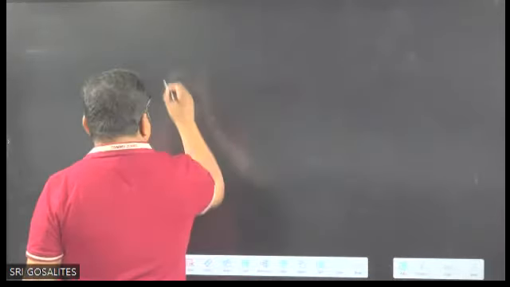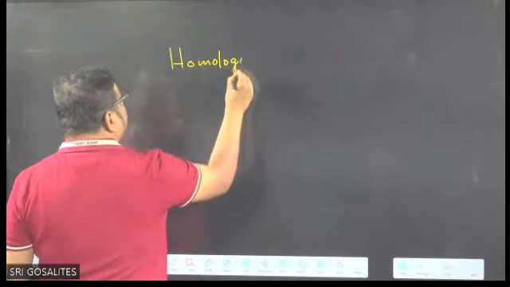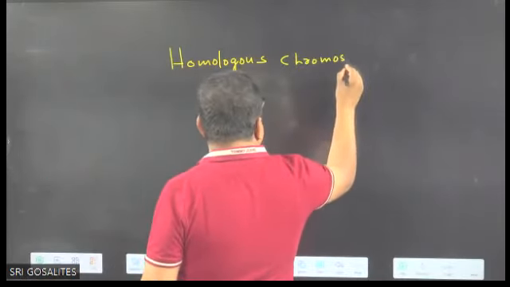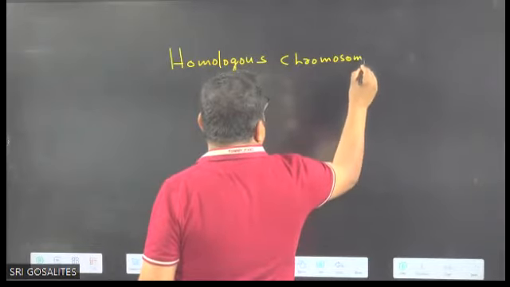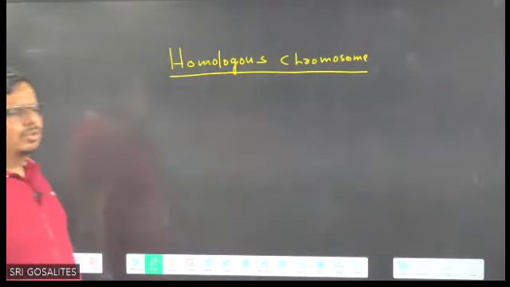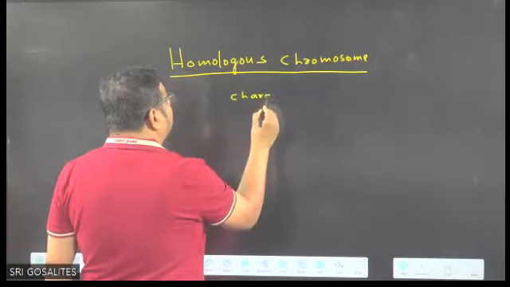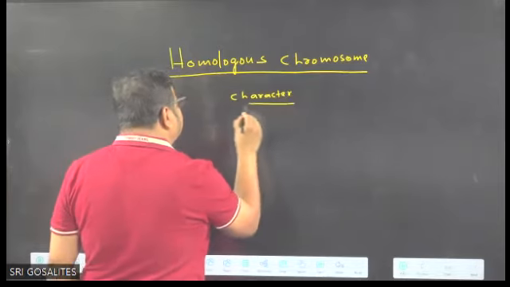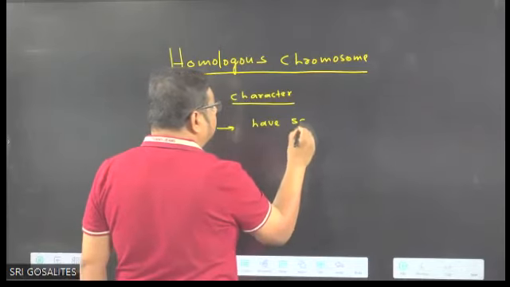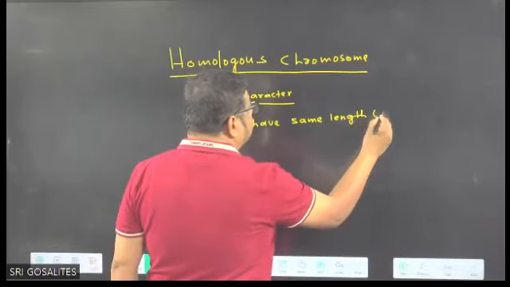Now the question arises, what is the definition of homologous chromosome, sir? So I am telling you the definition of homologous chromosome. Got the idea? Look at the definition of the homologous chromosome. Homologous chromosomes have some characters. What are the characters? You just see the definition in the language of characters. Homologous chromosomes have the same length, means size.